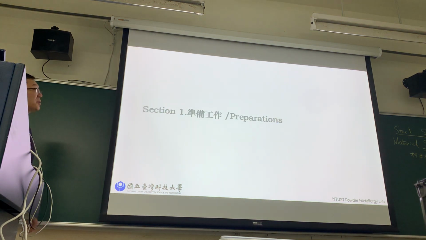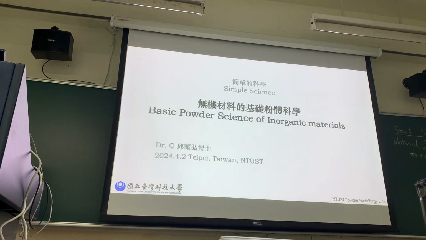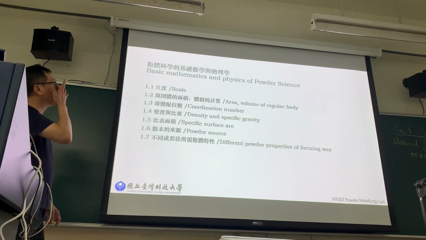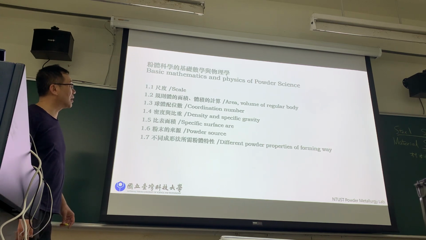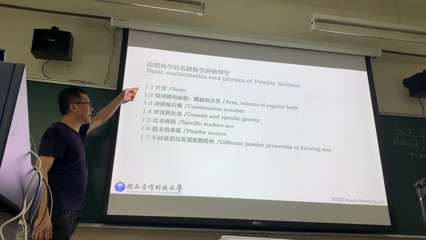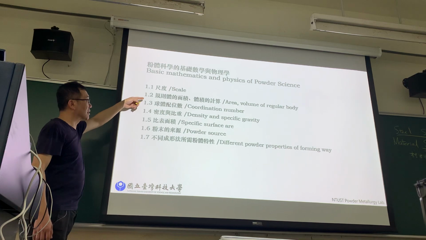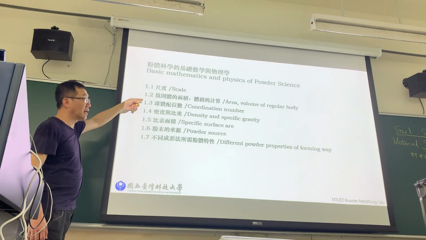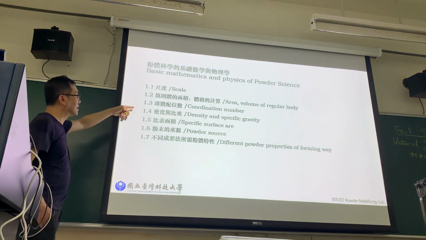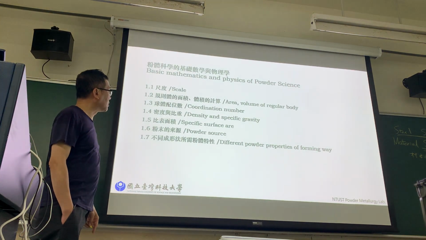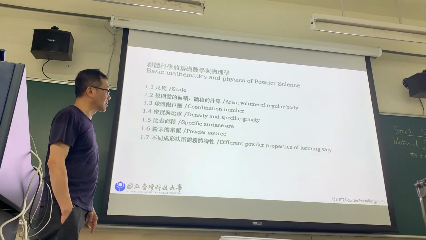Okay, we have a brain that works. We should understand what kind of mathematics and physics we use. The first one is the scale, and when we know the scale, then we can calculate the area and the volume. We need to know the coordination numbers, the dimension, and the gravity.